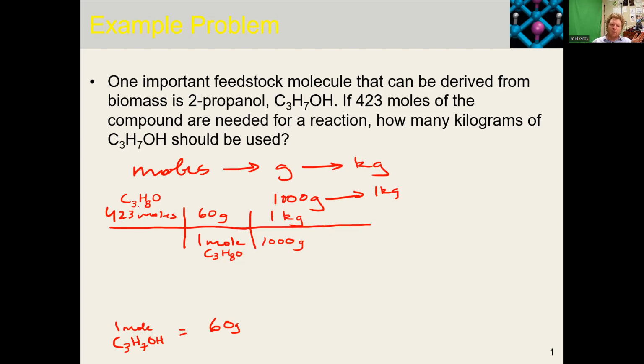If I multiply everything across the top and then divide by everything on the bottom, I will get my answer. So 423 times 60, plug that in the calculator, is 25,380. I divide that by 1,000 so that I can go from grams to kilograms.